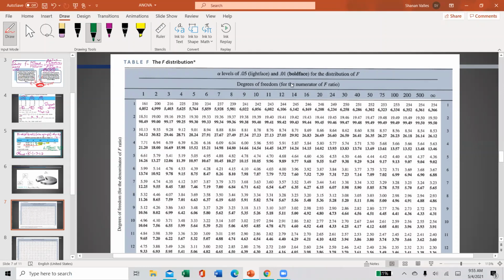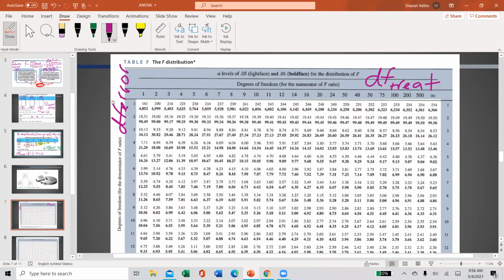So now how we read this is these numbers across here are the degrees of freedom for the numerator. I don't really like how it says it like that, just because I don't know who thinks in terms of numerators and denominators. I always, and in my book even, have it listed as up here is degrees of freedom treat, and on the side is degrees of freedom error.